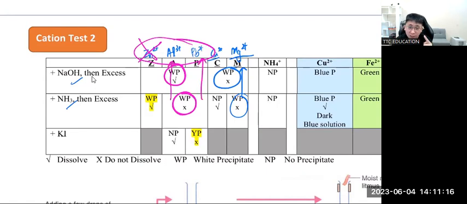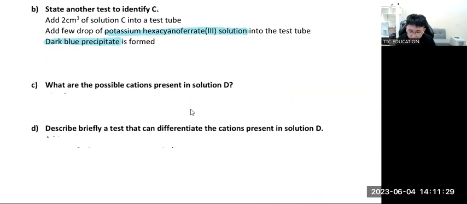So that's why the answer here is more than one. After two tests, your observation still falls under two ions. So my answer here is Al3+ and Pb2+. The two possible ions are the aluminium ion and the Pb2+, the lead(II) ion.